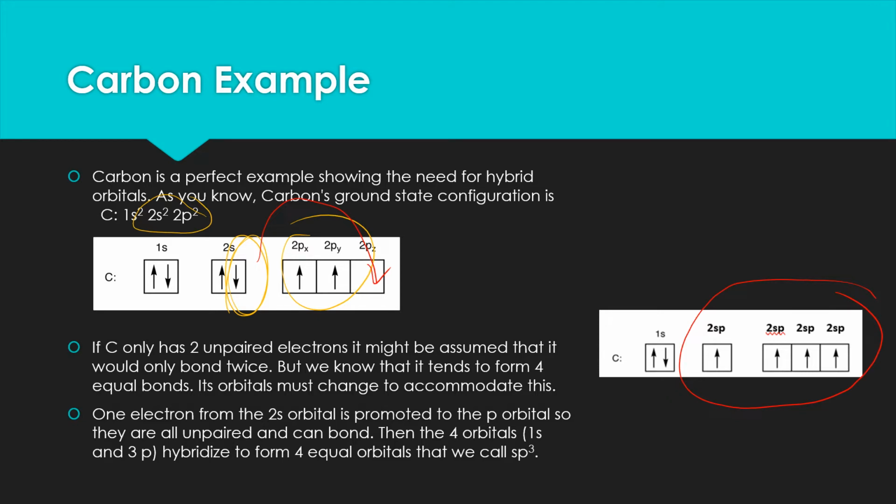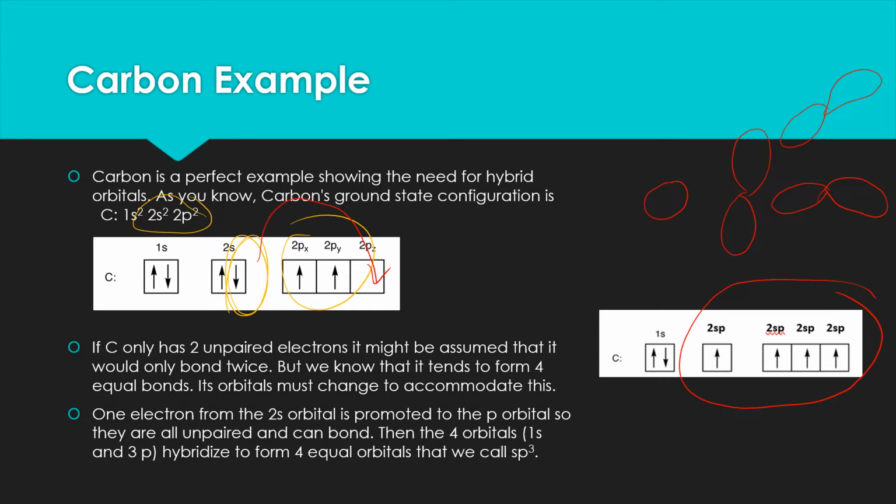So basically, instead of having our s orbital, which is that spherical shape, and our p orbitals that are kind of this dumbbell shape or peanut shape, with their 3 different directions, one along the x-axis, one along the y-axis, one along the z-axis, it's like we squish all 4 of these together and then come up with a new orbital and divide it by 4, and they're all the same.